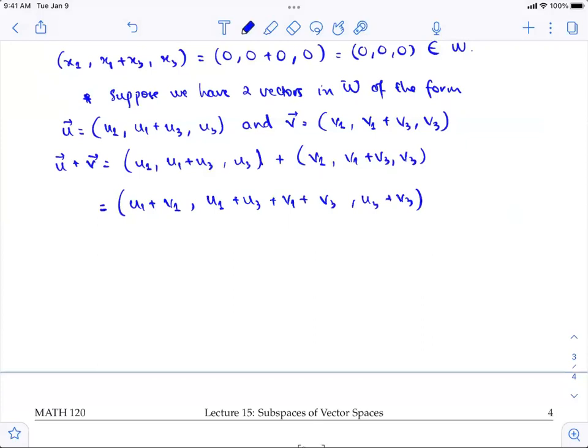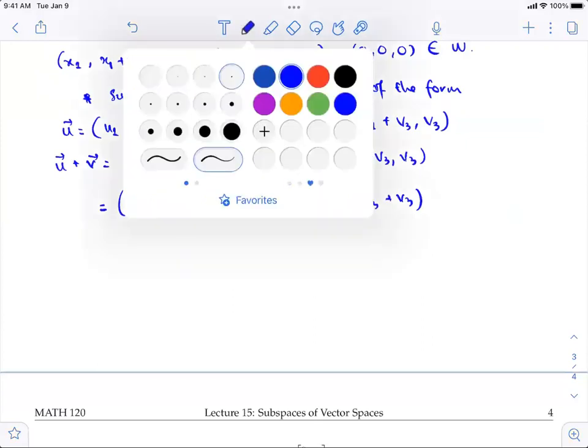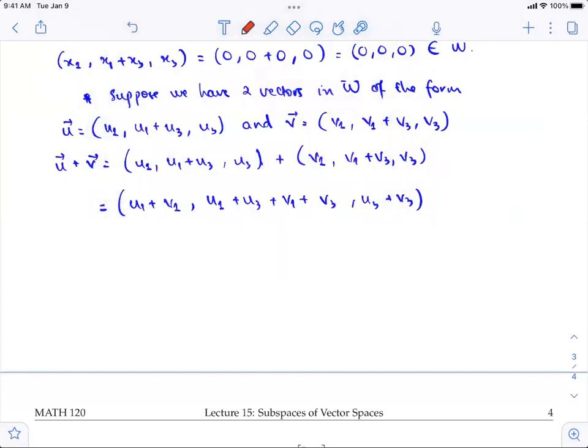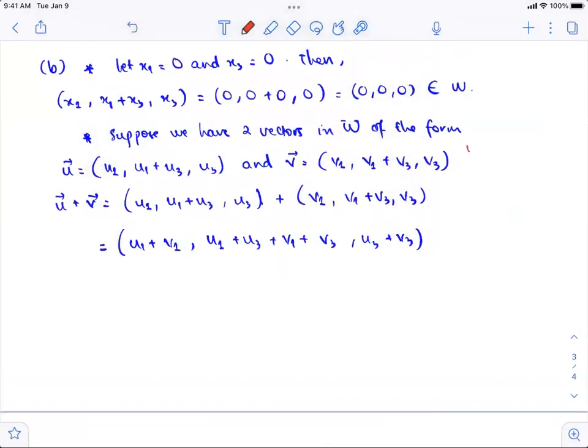I forgot to mention that u1, u3, v1, v3 are real numbers.